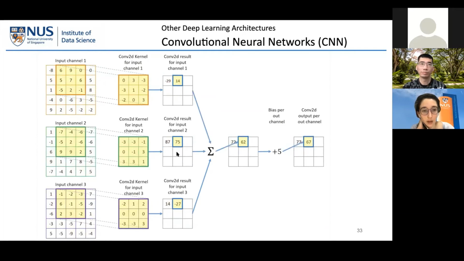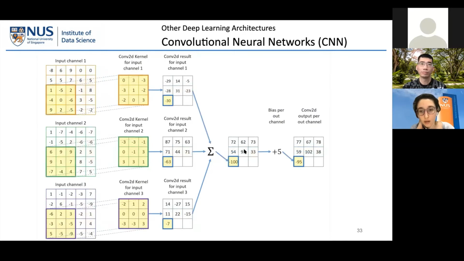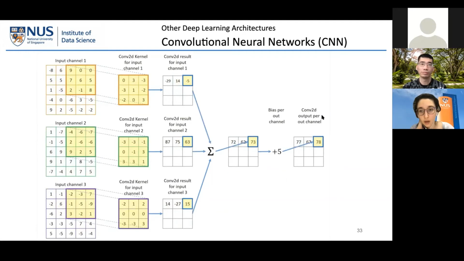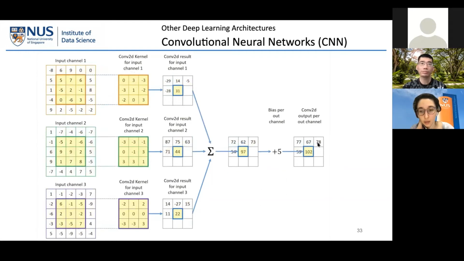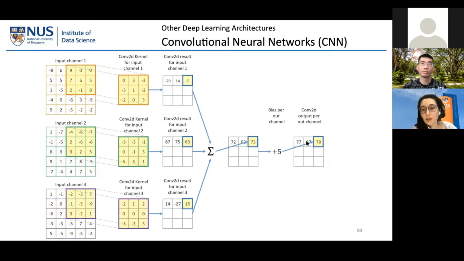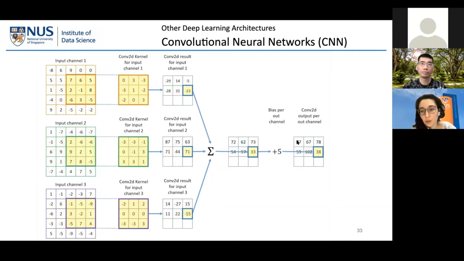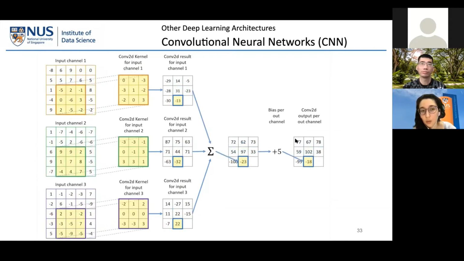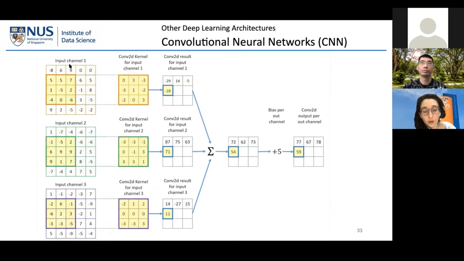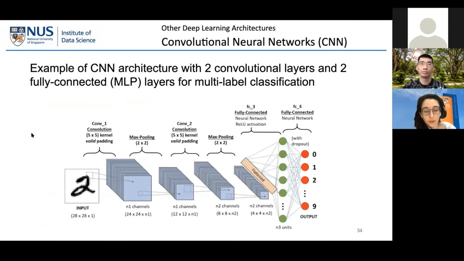And then you can have it for the different input channels of your image. You can sum them. You can add a bias term. And then you can have an output convolved feature. And basically the idea is that this feature will reflect what happens in a small window within your input image.